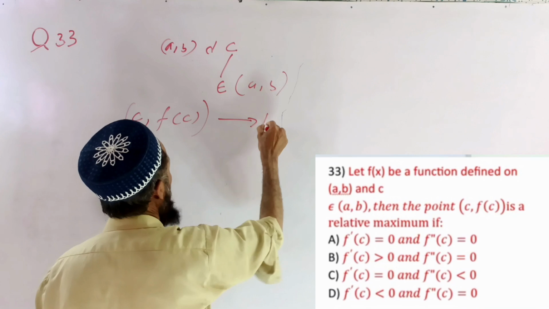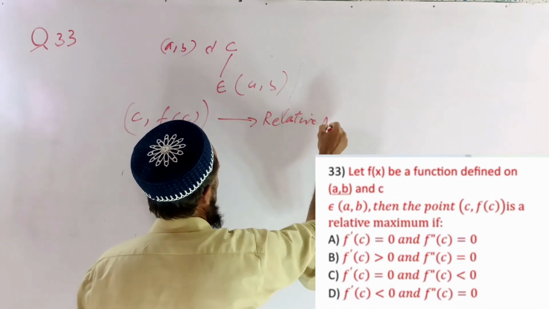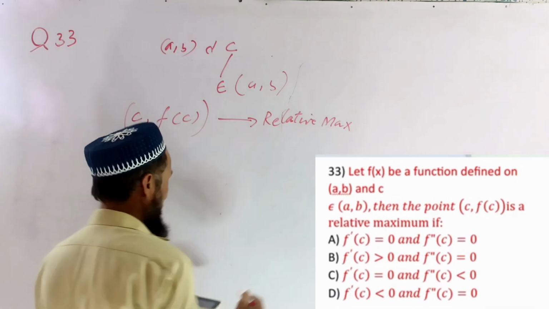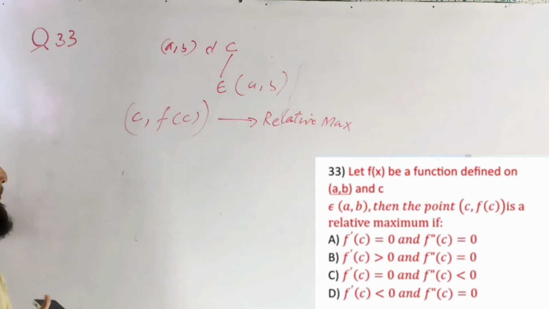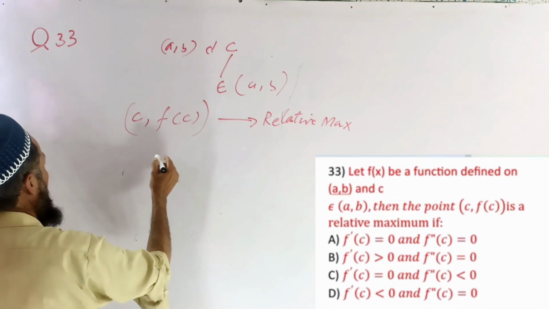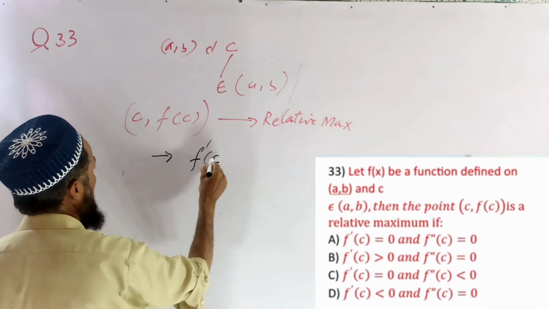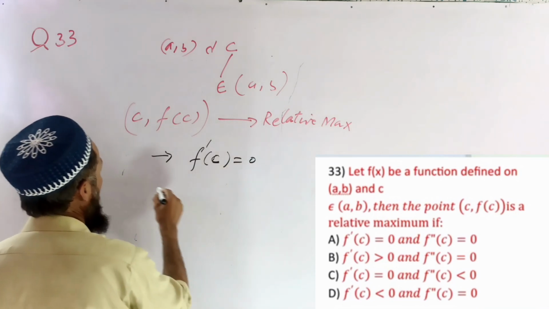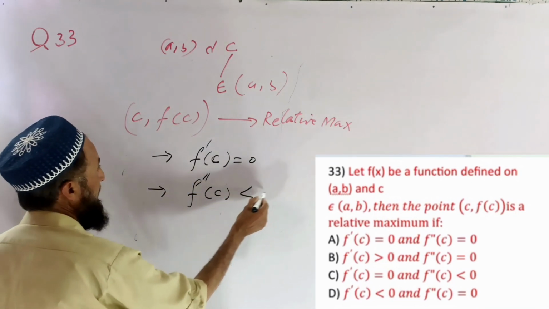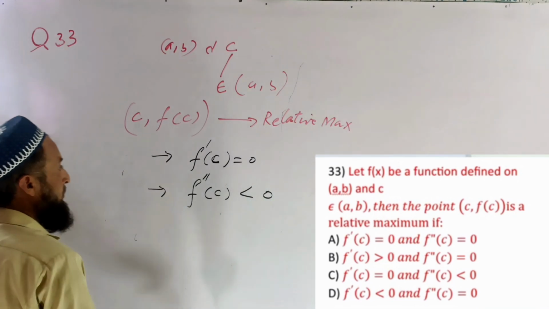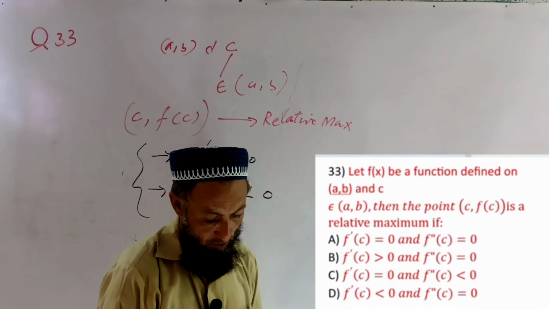For a relative maximum, we apply the condition: the first derivative at the point must give f dash of c equal to 0, and the second condition, f double dash, must be less than 0.